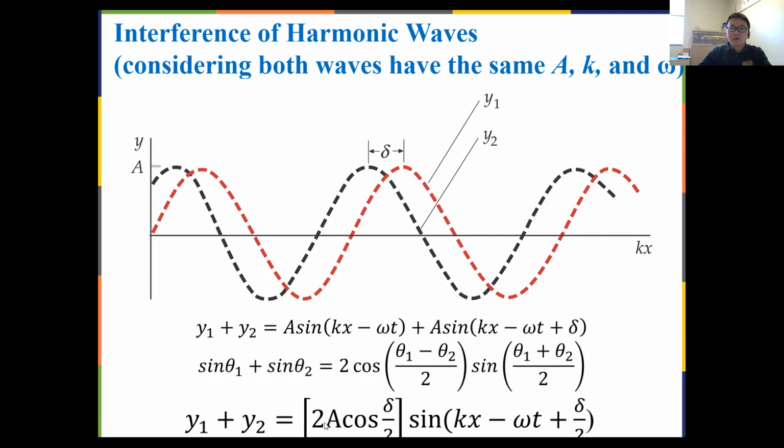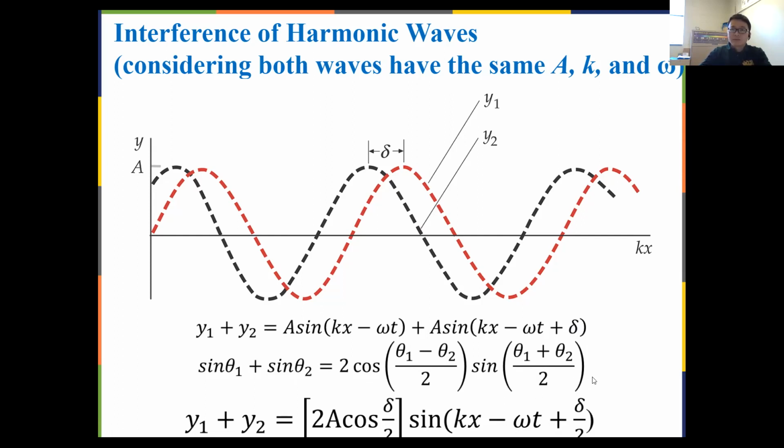So it's equal to twice a cosine of delta divided by 2, times sine of kx minus omega t plus delta divided by 2. Sorry, this is delta, not omega, lowercase delta. So then you get a new amplitude with a sine function.